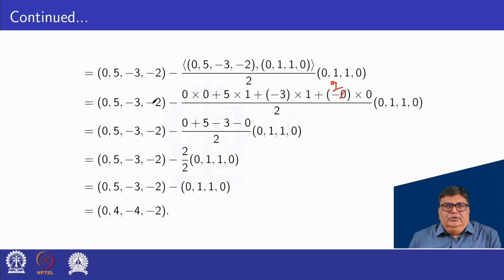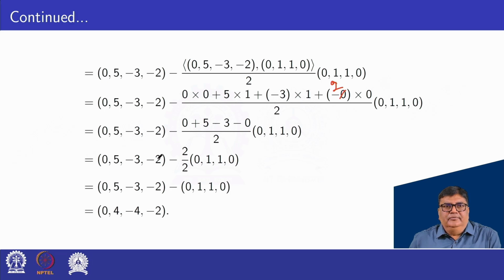So the vector as it is, minus, simplifying, 0 plus 5 minus 3 minus 0 upon 2, into this vector. So 5 minus 3 is 2, 2 upon 2, into this vector, and the first vector is as it is.